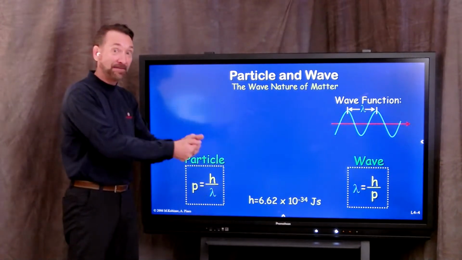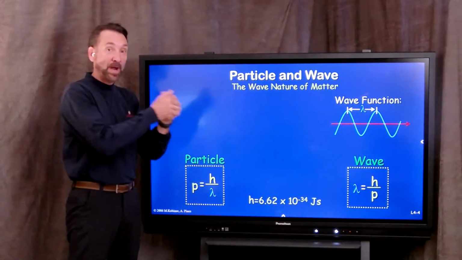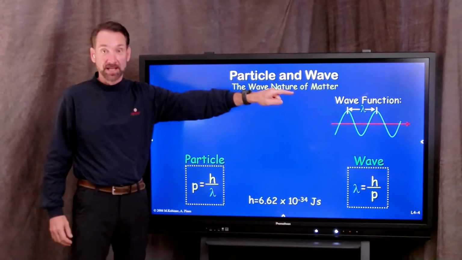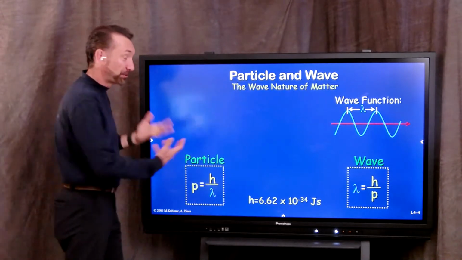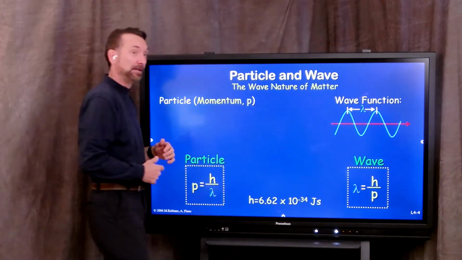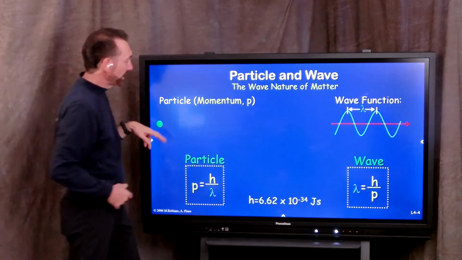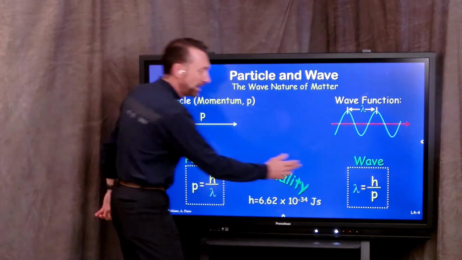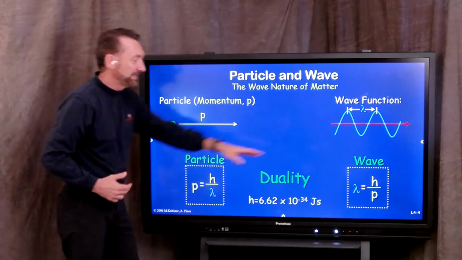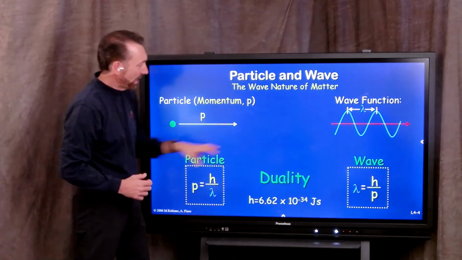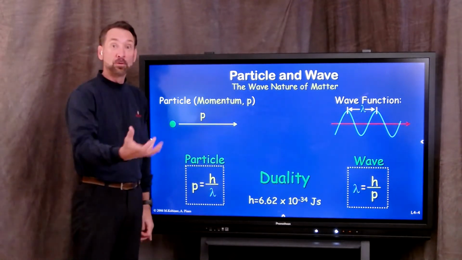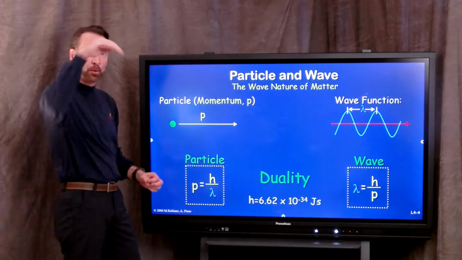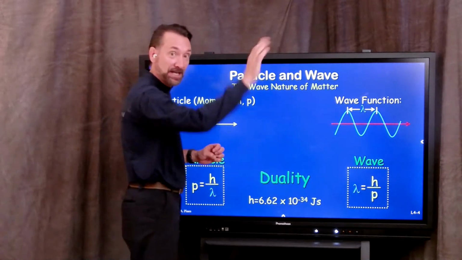So when a particle behaves like a wave, that wavelength can be calculated from its mass and its velocity. It's a strange property for matter to have a wave-like nature, but we can calculate a real momentum, mass times velocity, put that into this equation and get a wavelength. So the duality between particles and waves holds for matter, and we've seen that it holds for electromagnetic radiation, for light.